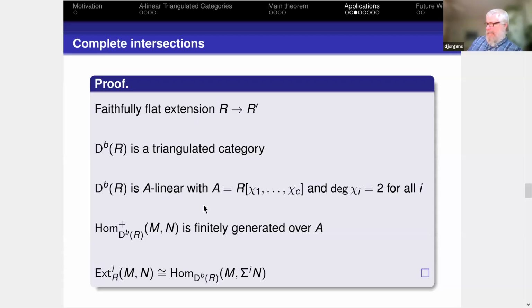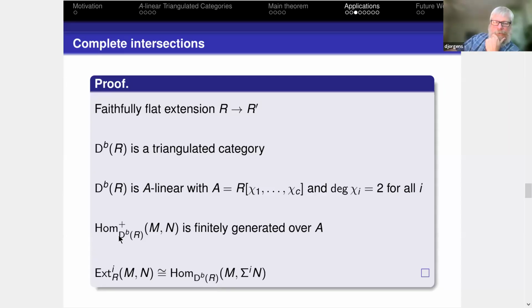This is what's typically called the ring of cohomology operators, or maybe Eisenbud operators. But anyway, the bounded derived category over the complete intersection is an A-linear triangulated category. Each of those variables having degree 2 means that in the theorem, d is 2. You could choose d to be 2, which is why the statement of the corollary is about even and odd, because d is 2 in this case.